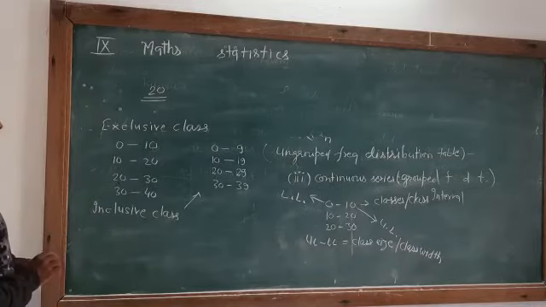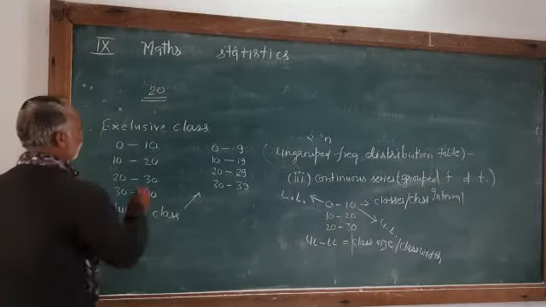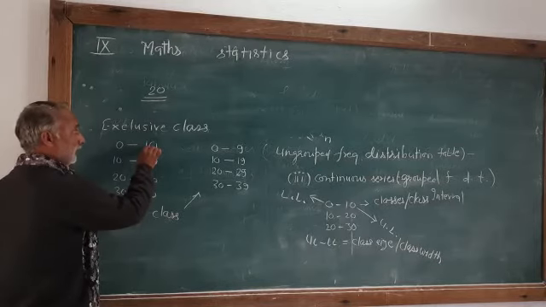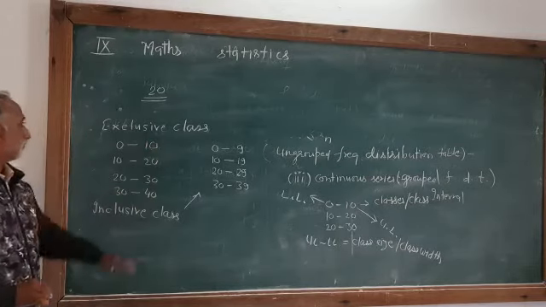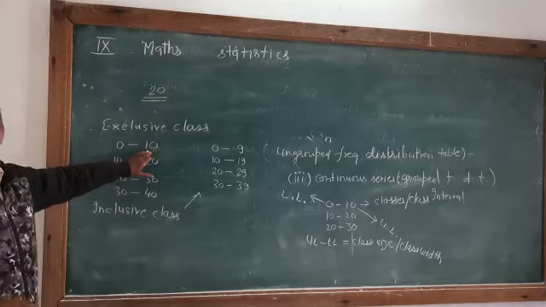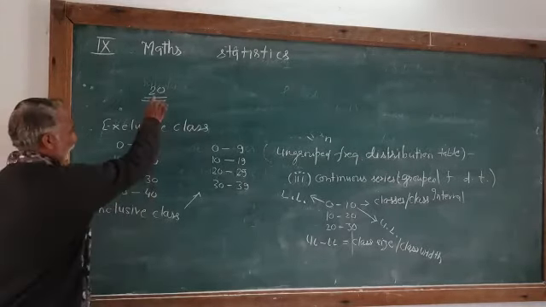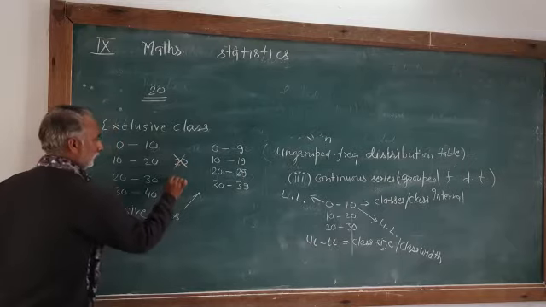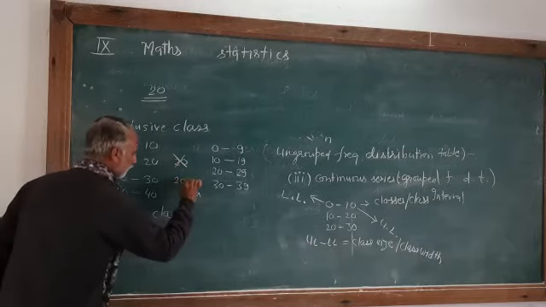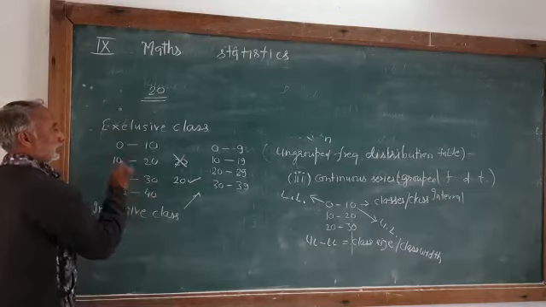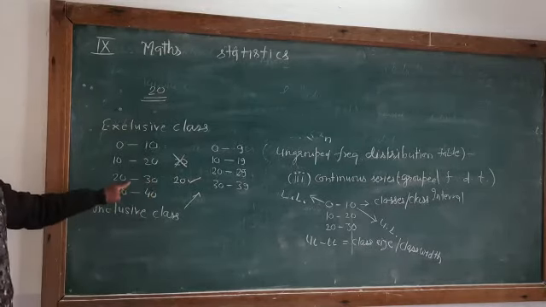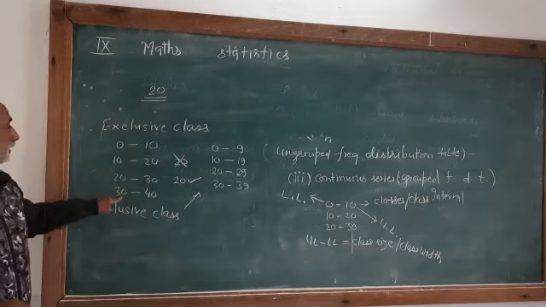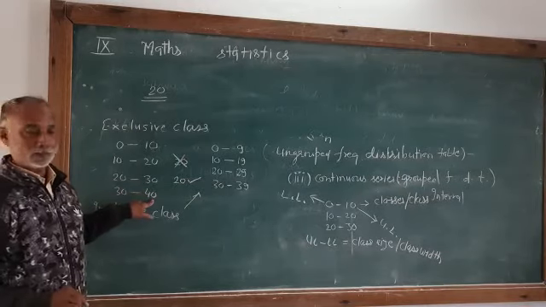So there is a provision that the upper limit, the number which is given in the upper limit, is always excluded from that class. That means if 20 is there, we will not write 20 here. 20 will come in the interval 20 to 30. Similarly, if 30 is there, then 30 will not come in the interval 20 to 30, but it will come in the interval 30 to 40.